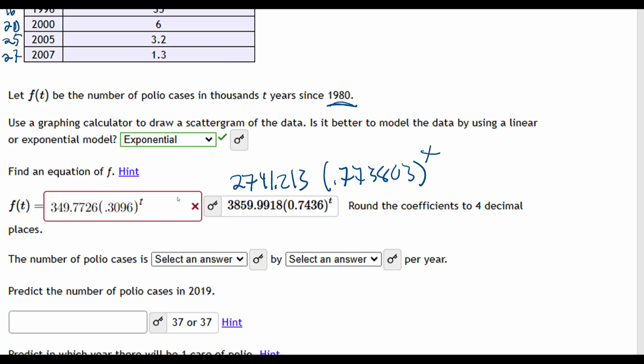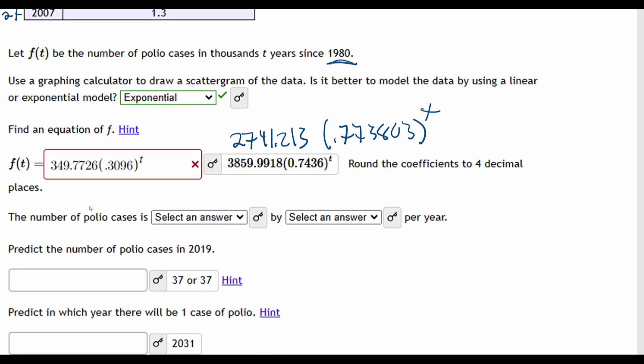And then for the next set of questions, the number of polio cases is, and I did a screenshot of this, so that's the static, going down. It's decreasing, I should say, by 77% or 0.77.